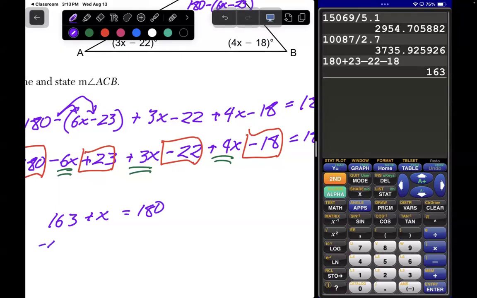So then you subtract 163 from both sides, and you should get 180 minus 163.